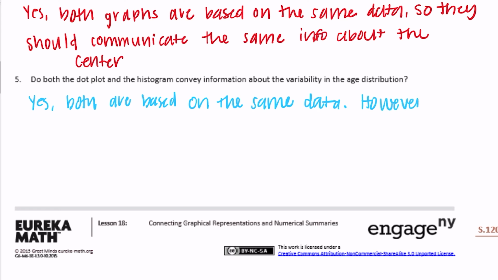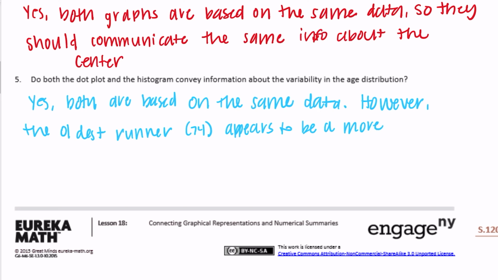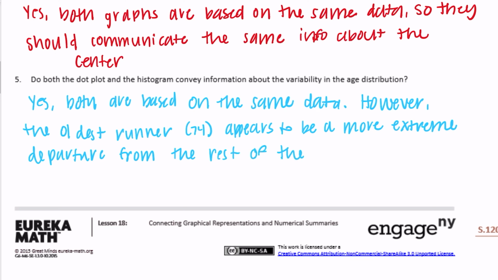However, the oldest runner appears to be a more extreme departure from the rest of the data in the dot plot.